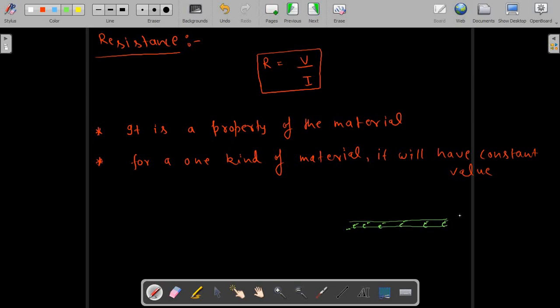Due to the particular bonding of this wire, there are some hindrances inside the wire. They stop the flow, or they provide some resistance to the flow of the current. That we call resistance.